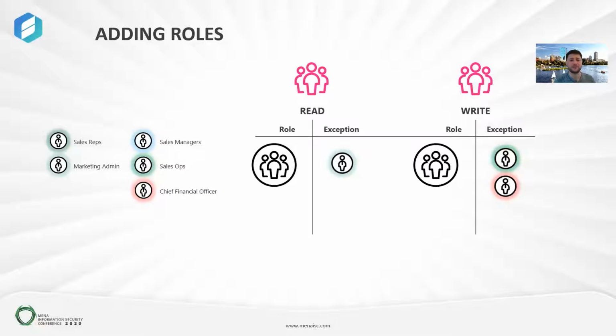Think about a sales folder where sales managers have read and write access and the sales reps have read-only access. Well, maybe somebody from another department is doing a project, and for at least a temporary basis, this particular person has requested access to this resource. You don't want to add them to that role. That doesn't make any sense. I don't need anything else that a sales rep would need or that a sales manager would need.